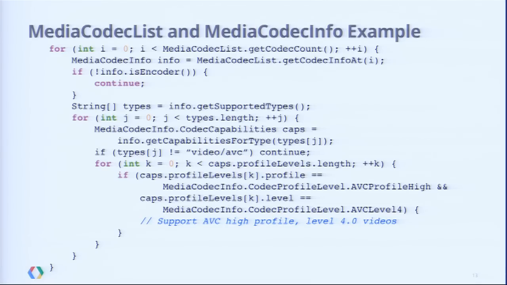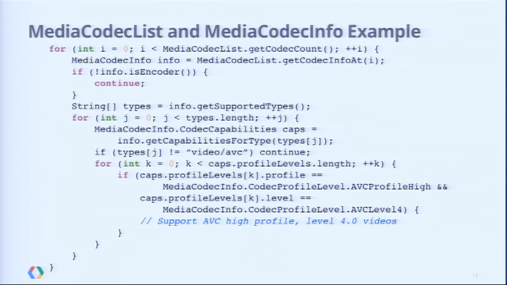In this particular example, I would like to find out which media codec is capable of decoding AVC video that is encoded in high profile level 4.0. How do we find that out?